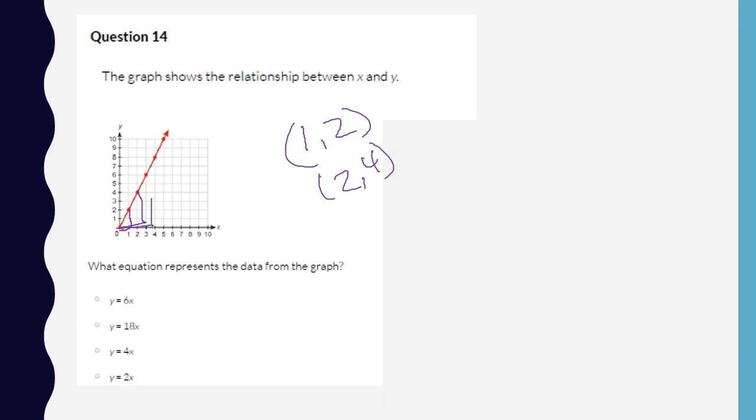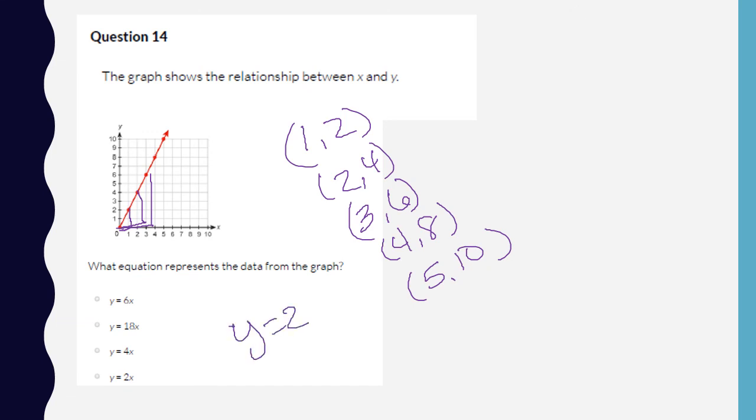Same thing, 3, 6, 4, 8, and 5, 10. If you notice, all of the y values are 2 times the x values. So 2 times any of my x's will give me my y's. So that would be our answer.